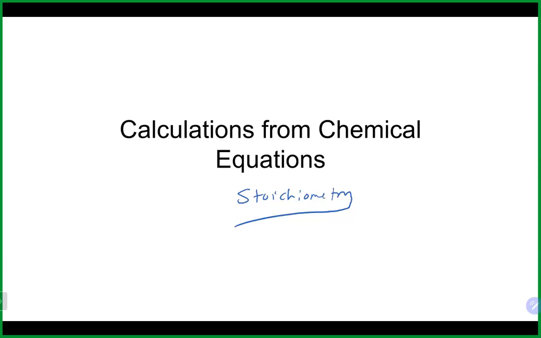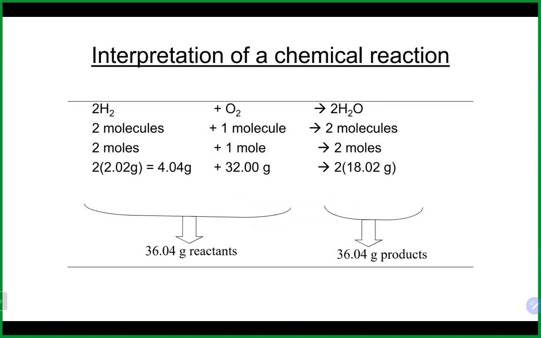And stoichiometry really takes advantage of a balanced equation. And as we'll talk about many times, pretty much all stoichiometry calculations, if your equation is not balanced, you're kind of wasting your time. So it always needs to be a balanced equation to do these type of problems. And when we look at a balanced equation, there's different ways that we could look at the coefficients that we see in the equation.